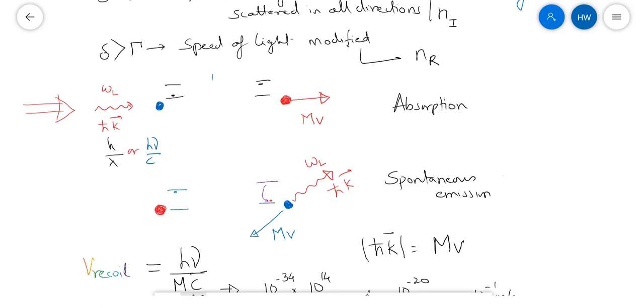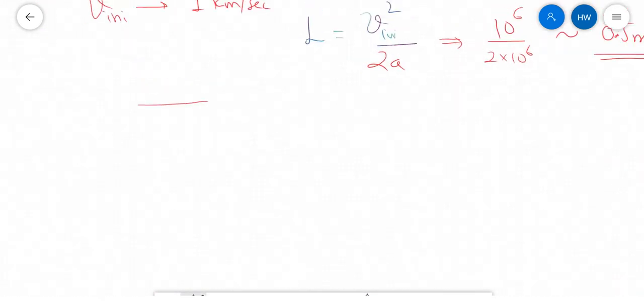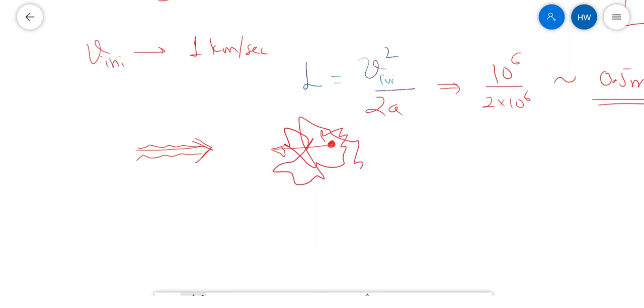So I'm able to slow down along a definite direction of the input velocity. If my atom is coming in this direction and my light field is coming from that direction, I'll be able to slow down this definite velocity. But this will also lead to random motion of the atom, whereas the definite velocity in a particular direction will get slowed down because of absorption.